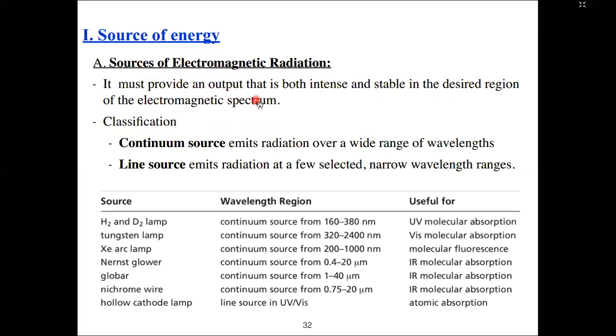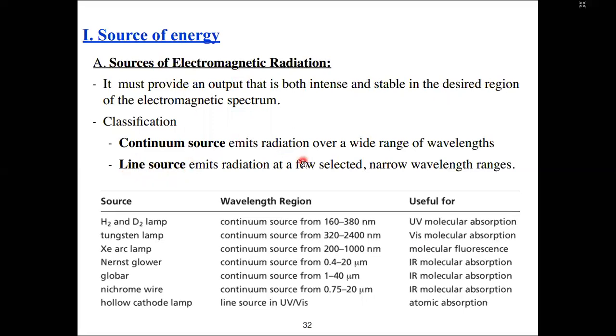It must provide an output that is both intense and stable, okay, very high, but stable in the desired region of electromagnetic spectrum. So maybe we just want UV, then it must provide the electromagnetic radiation in UV region, which is both intense and stable. So it can be classified into two forms. One of them is the continuum source, and the other one is the line source.